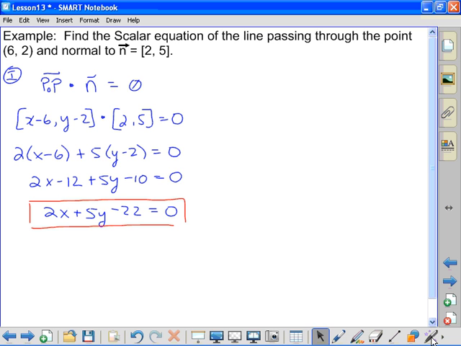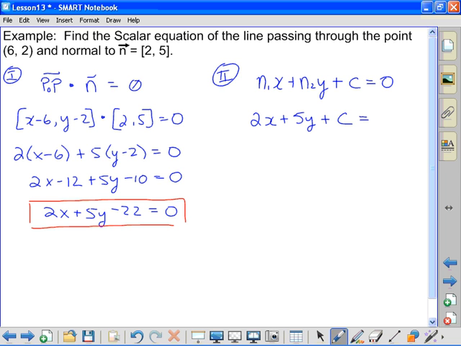All right. Method 2 then. Method 2 is starting with the knowledge that n1x plus n2y plus c equals 0. So what that means is that 2x plus 5y plus c equals 0. Now with this question, you have to determine the value of your constant.